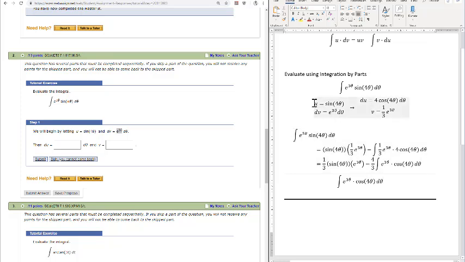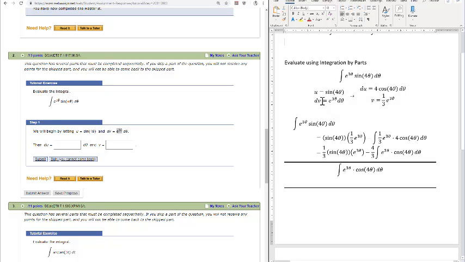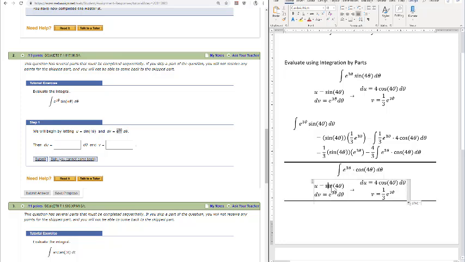Okay, so we're going to do another integration by parts. Now remember that the original u and dv designation was that we let the u equal the trig and then the dv equal the exponential. So this is our problem. We're going to let u equal our trig and our dv equal our exponential.